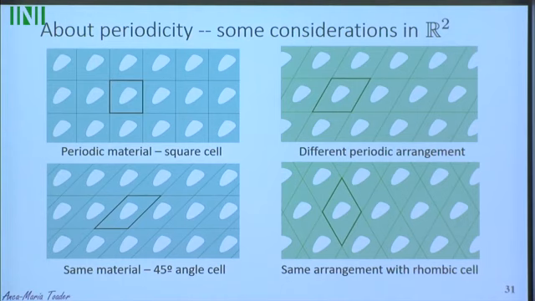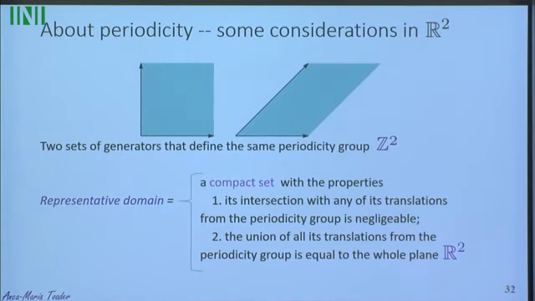So this is important to understand that two different generators may define the same periodicity group. And this is different from what we shall call a representative domain. So the periodicity cell is always a representative domain, but you will see that a representative domain may not be a periodicity cell.